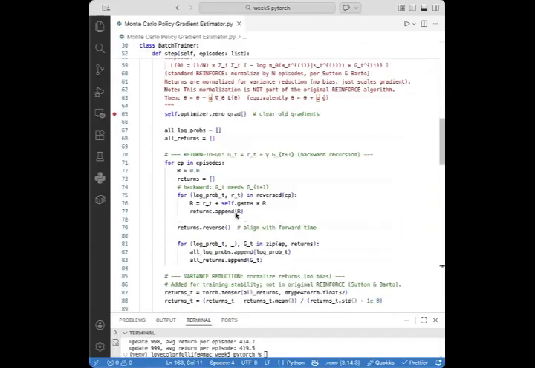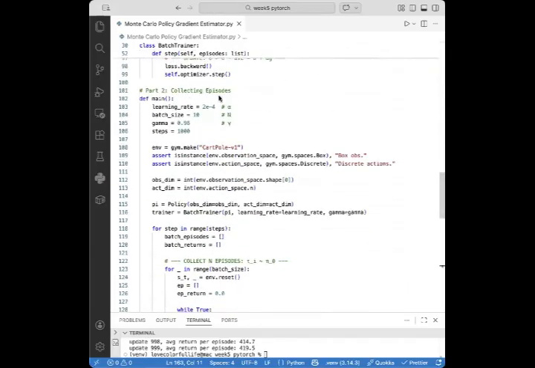Okay, let's go to part 2, collecting episodes. In the main, we create the CartPole env and set the hyperparameters. The batch size is n.